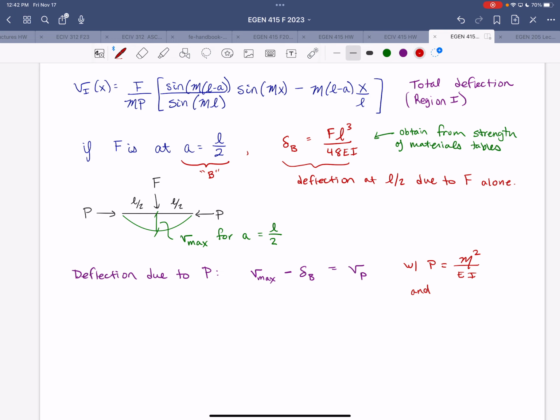And also, we will go ahead and use this formula and solve for f. So we'll substitute f is equal to delta b times 48 EI over L cubed.